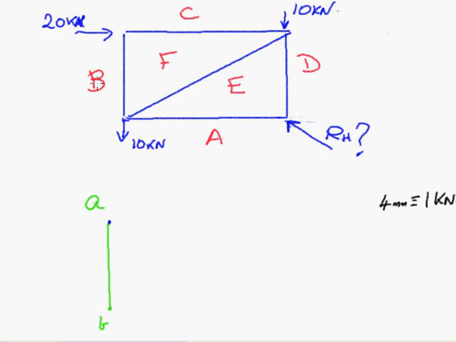Next force we'll put on is the 20 kilonewton force, and this is going to be known as BC. Its tail is going to be b, which is already on the diagram, and its head is going to be c, and it's going to be 80 millimeters long, representing the 20 kilonewtons. And it is simply in the direction of that force.